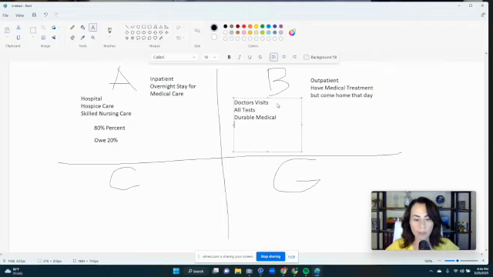It also covers any outpatient surgeries. And also, it would include anything such as chemotherapy treatment.